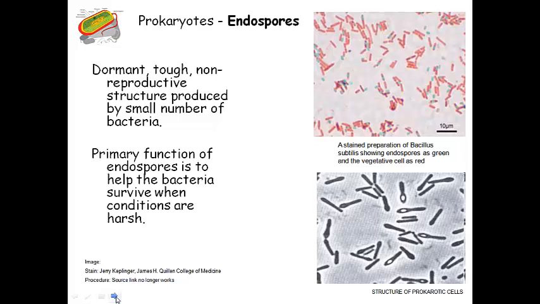When conditions are really harsh and the bacteria don't have the right conditions to survive, so maybe it's really cold or really hot, or they're being exposed to dangerous UV light, or they don't have enough nutrients, they'll form these endospores, these little coverings over the top of the bacterial cells, so that they can just survive. Like I said, they go dormant. And then once the conditions come back to normal, they'll start reproducing and dividing again.